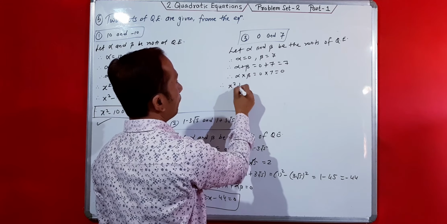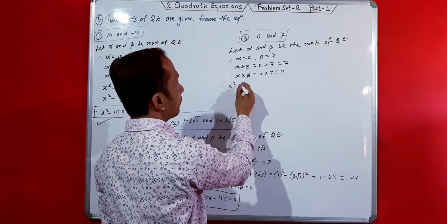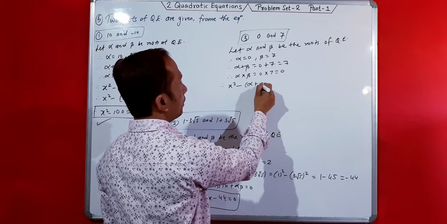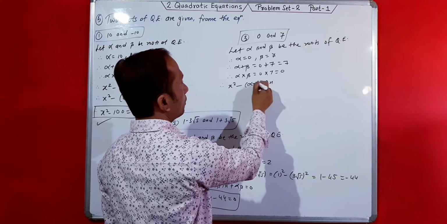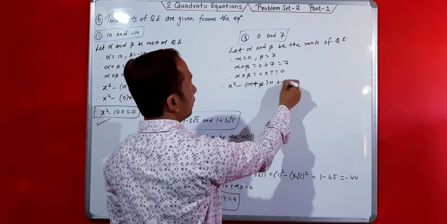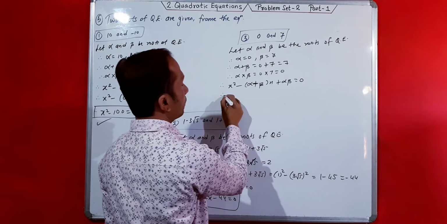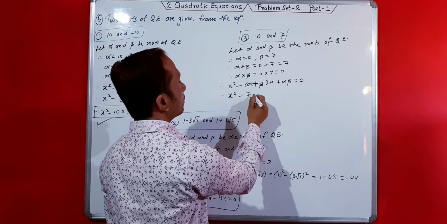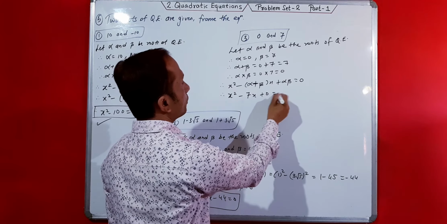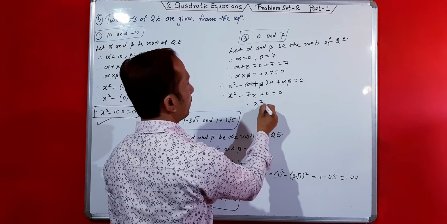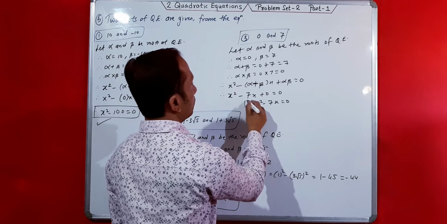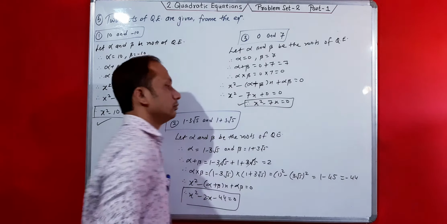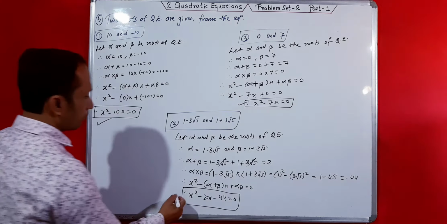Therefore x square minus (alpha plus beta) x plus alpha into beta is equal to 0. This is the required form. So minus 7x and plus 0 is equal to 0. Therefore it is x square minus 7x is equal to 0. So this is the required quadratic equation.